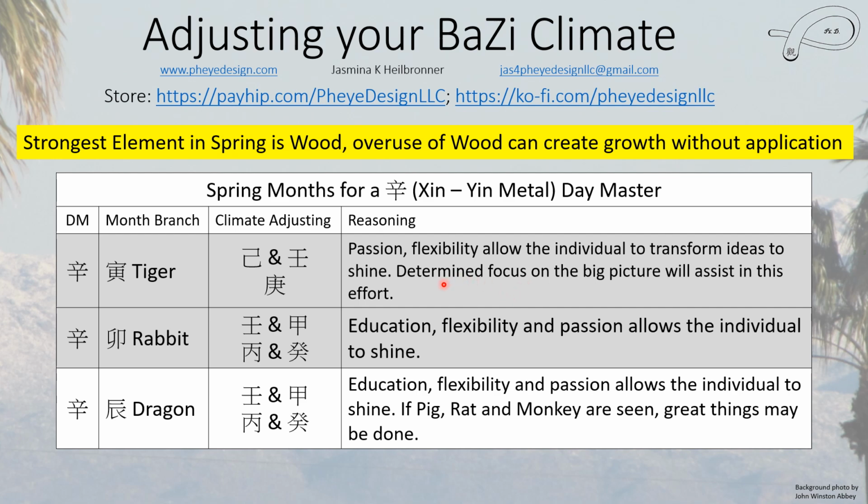However, you probably need some real determined focus on the big picture, and that will allow you to figure out what you need. And so this is where the yang metal comes in, as the determined focus. You really have to be focused. And usually it is the big picture you have to focus on. And you have a better chance than someone who has a gung daymaster.